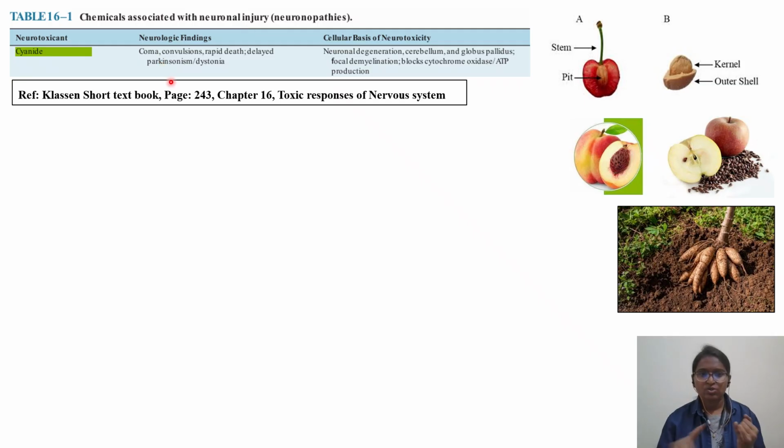The patient undergoes coma, convulsions, rapid death, delayed Parkinsonism, dystonia. So try to remember these findings, these neurological observations. And what is the cellular basis? At the cellular level you are finding neuronal degeneration, in the cerebellum and globus pallidus, focal demyelination, blocked cytochrome oxidase, and blocked ATP production. So these are the things which are happening.